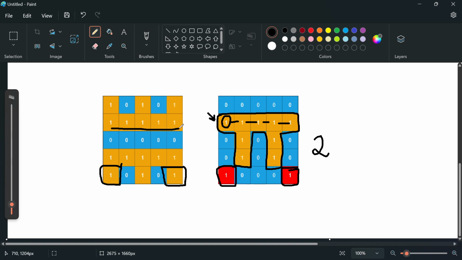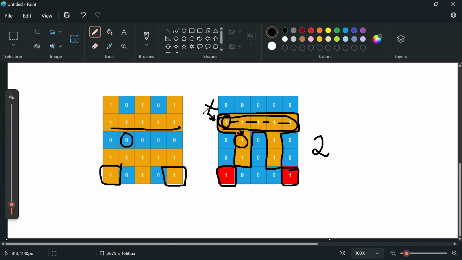Up to now we have got this island, which is a sub-island, but when we go down we have a one, which means the island extends downwards, and here there is no island in grid 1. So this entire island does not satisfy our condition. If any part of the island is zero in grid 1, we should not consider that island in grid 2. That's our base condition.